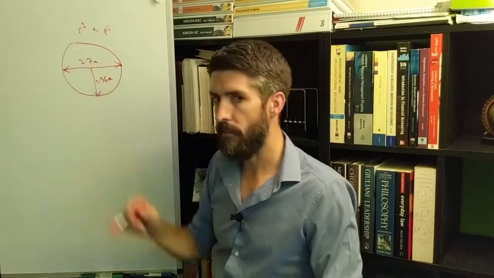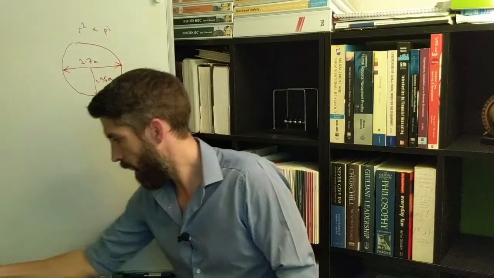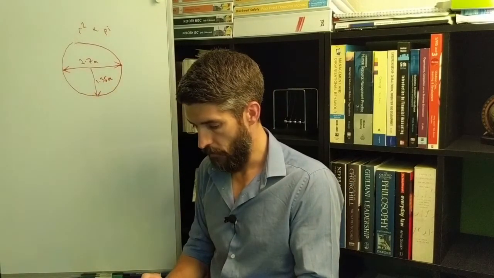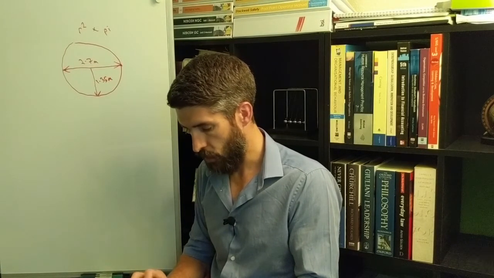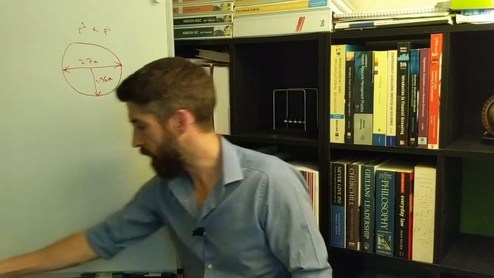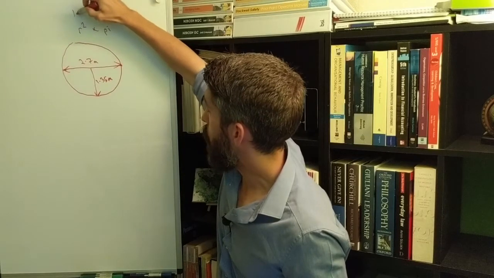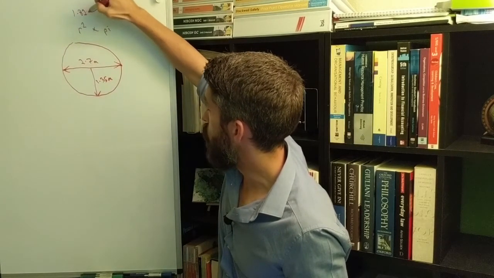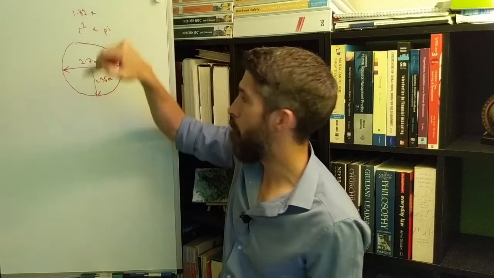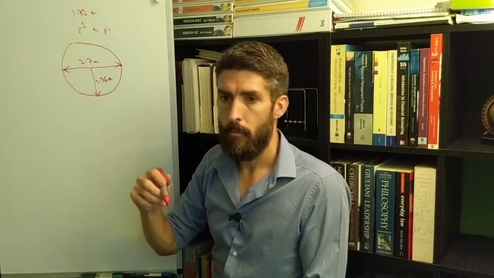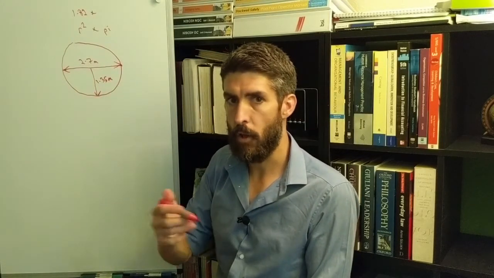So what we've got to do is plug that into the formula, radius squared. So it's 1.35 multiplied by 1.35. So the radius squared is 1.82. That's the radius squared multiplied by pi, and we can work to 2 decimal places with pi. It's basically 3.14.